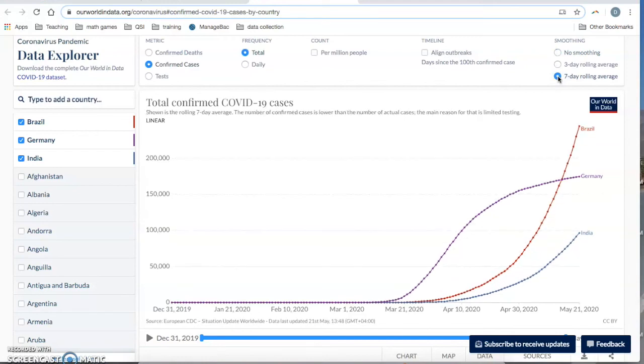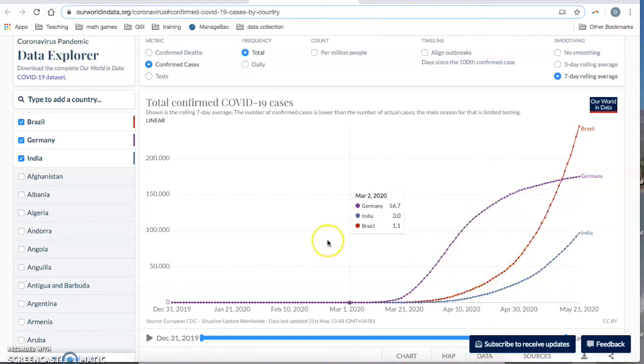And what we get is much nicer, smoother functions. And there's lots of reasons why those bumps are there. One reason is that in some countries, fewer people are working on Sunday, for example, so then fewer cases will get reported because there are fewer healthcare workers working. That's just one reason. So the 7-day rolling average helps to smooth out some of that data.